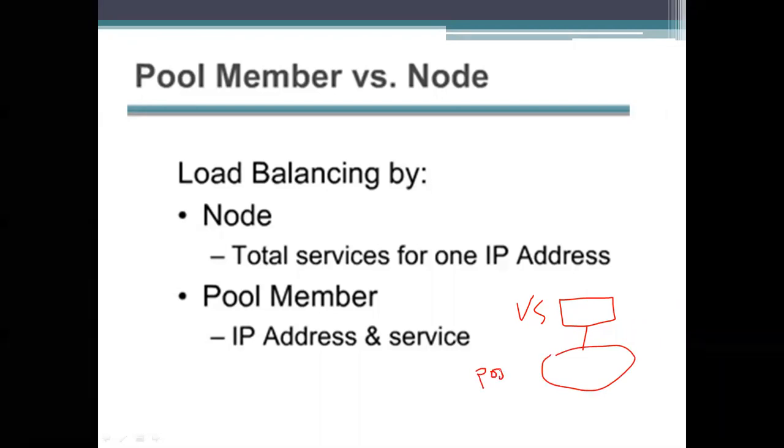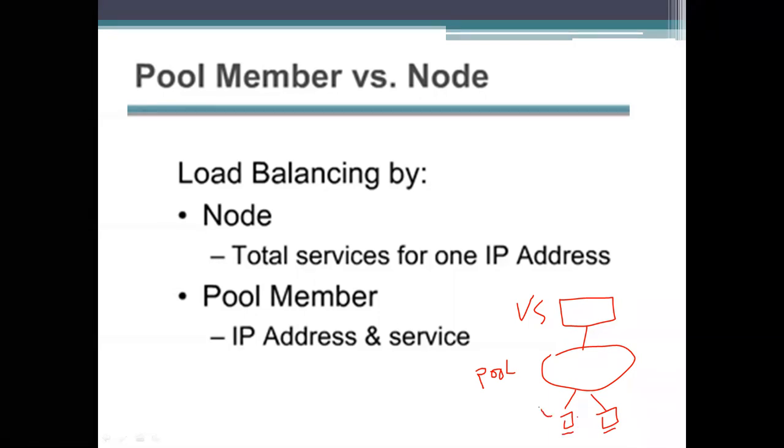Under that pool, and behind the pool, there will be nodes. Node means these are actually your backend servers. A node is just an IP address. When you attach some port to it, let's say port 80, that becomes a pool member.